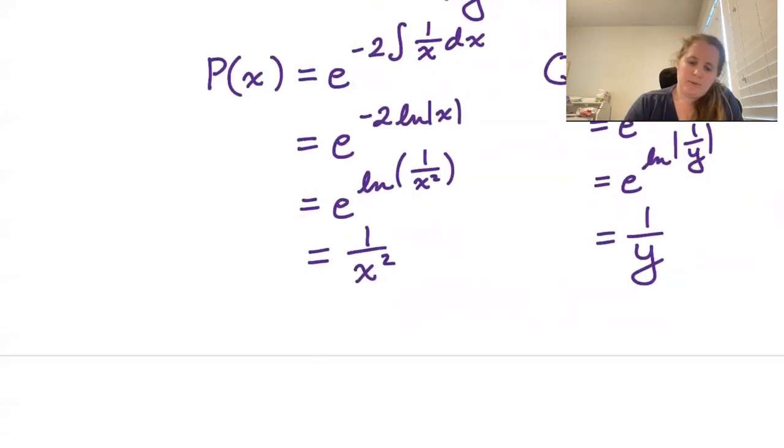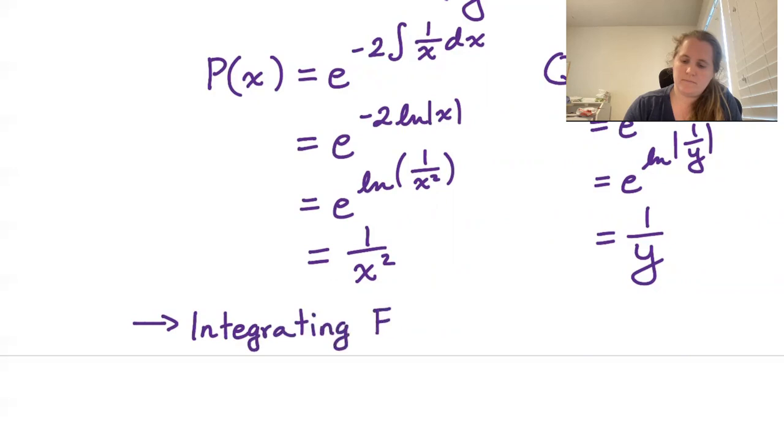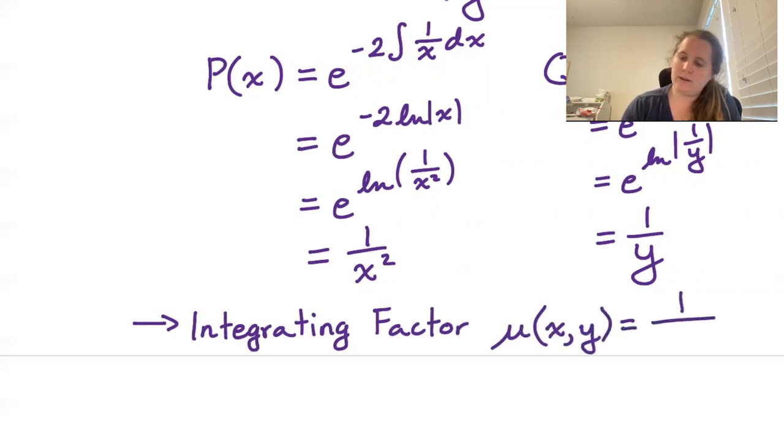So what we wind up with is our integrating factor, mu of x, y, equal to 1 over x squared y.